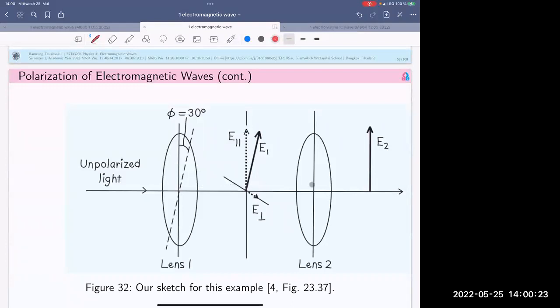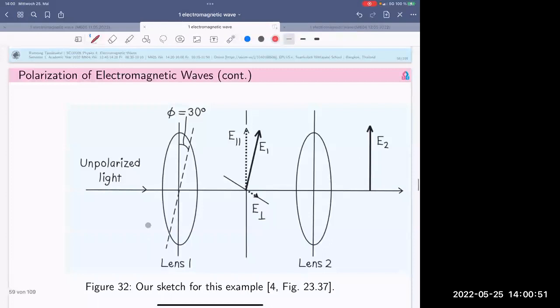And once it propagates further, it's obstructed by the second lens, but the orientation of the polarizing axis is exactly vertical, okay, in the same way as the vertical axis like this. So the outcome will be the wave that has the E field in the vertical orientation like this. Okay, this is the first lens, this is the second lens.